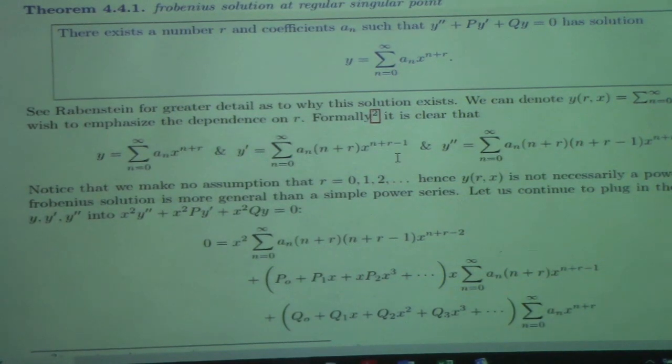Notice that I keep n equals 0, because there's no reason that n plus r should be 0 here. The base term in this expansion, which is called the Frobenius solution, is a naught x to the r. That doesn't have to differentiate to 0, because r could be anything.